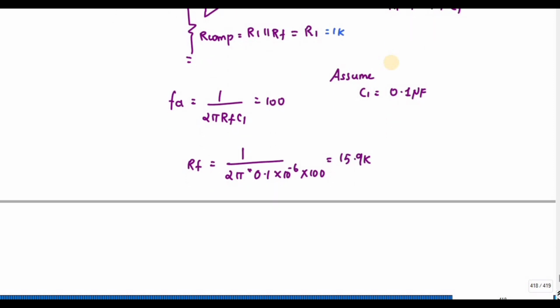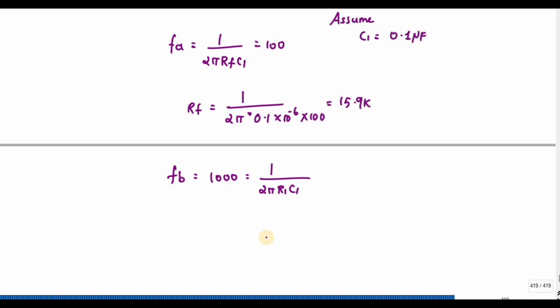Okay. So we know FP. What is the FP formula? FP here is 1000, that is nothing but 1 divided by 2 pi R1 C1. Right. C1 value also I know already. So if I substitute, R1 is 1 divided by 2 pi into 10 power 3 into 0.1 into 10 power minus 6, I will get R1 value is equal to 1.59K.